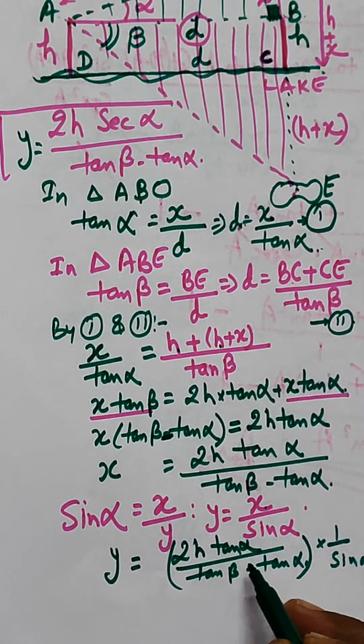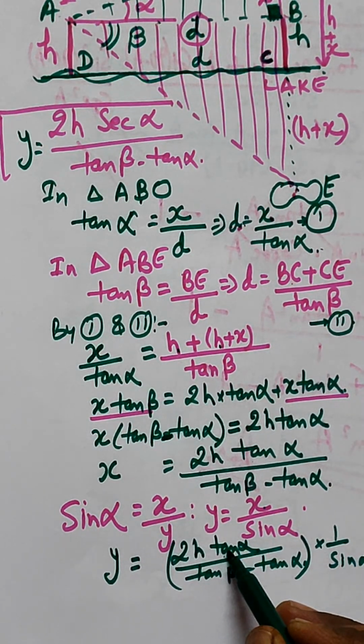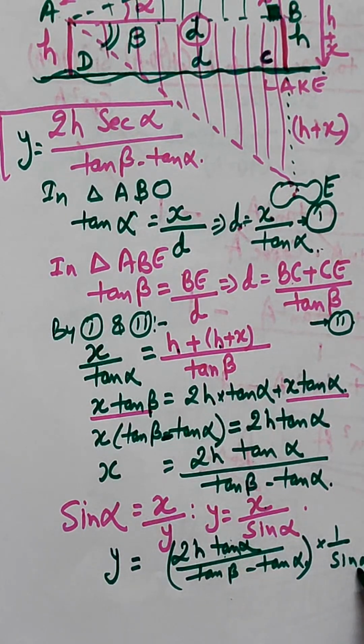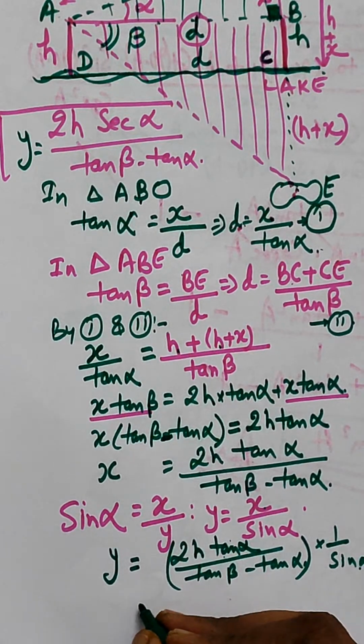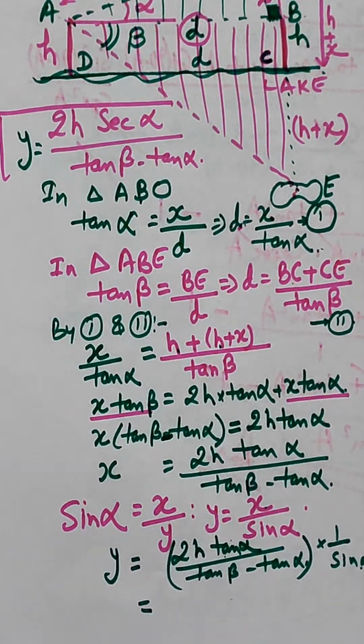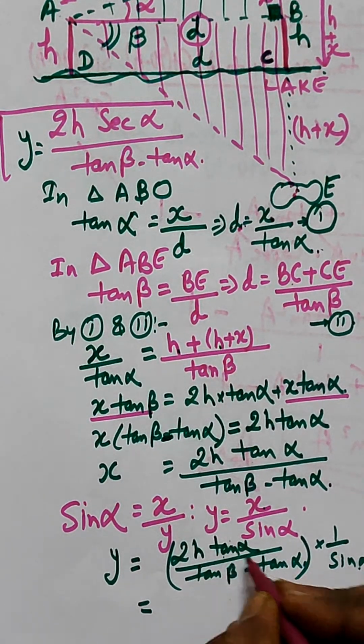So tan alpha can be broken as sine alpha by cos alpha, and that sine alpha will cancel out the sine alpha in the denominator, and we are left with 1 by cos alpha in the numerator. So let me break it down: tan alpha by sine alpha.